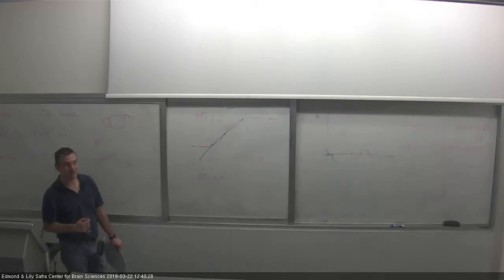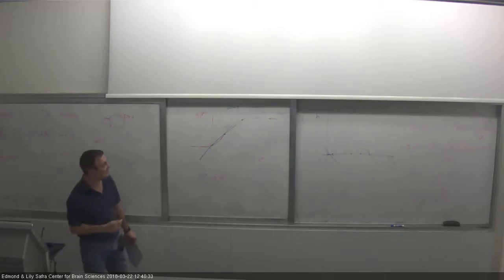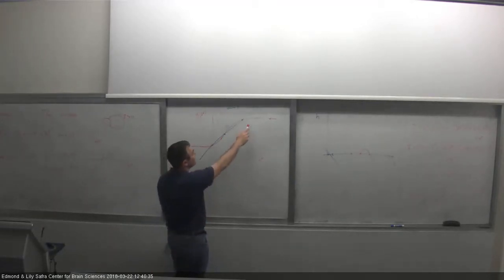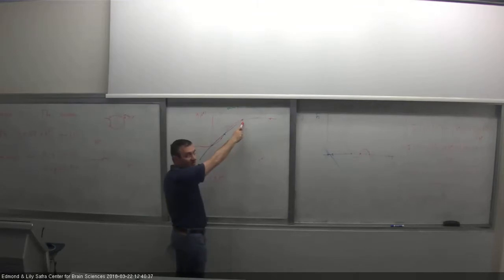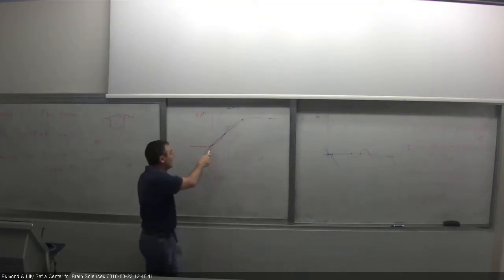But if the dynamics are bistable, what are the implications? The implications are that if we start from initial conditions that are high, then the dynamics will converge to this fixed point. If we start with initial conditions that are low values of h, the dynamics will converge to this fixed point.